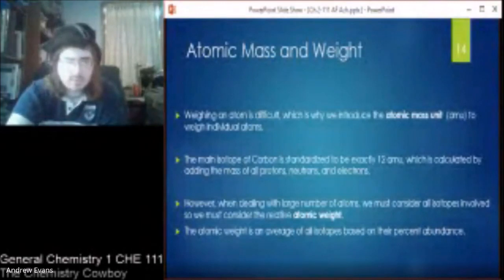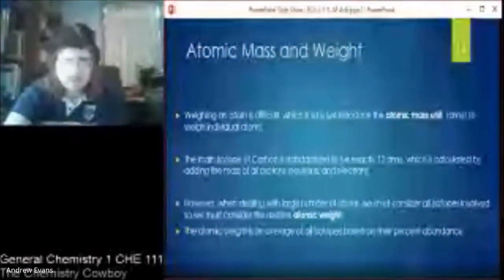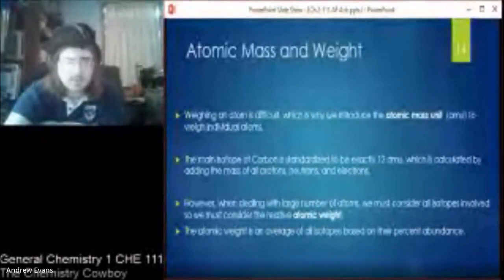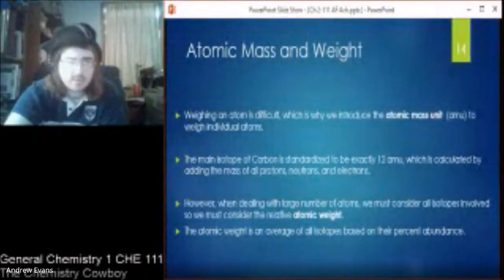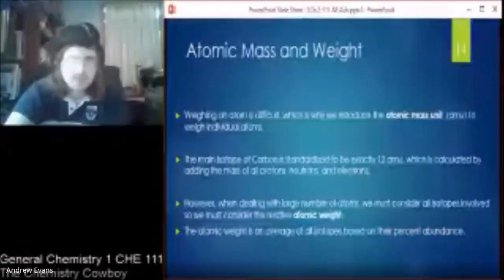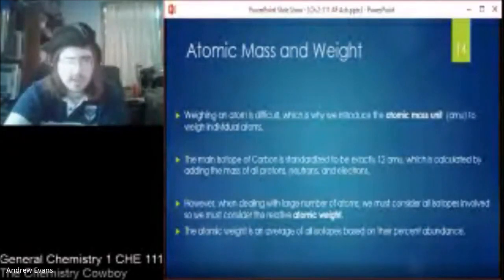It's the empirical standard on which we base the AMU measurement, just like there was maybe originally someone's foot or someone's hand that we based some of the English units on. So we set carbon 12 being exactly 12 AMU and measure everything according to that. And we measure all the atoms by calculating the total mass of protons, neutrons, and electrons.